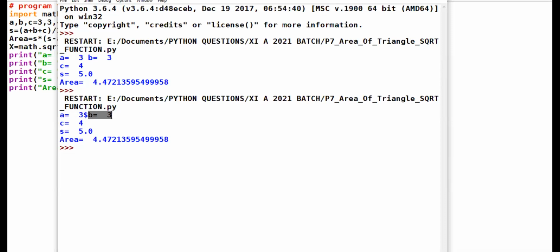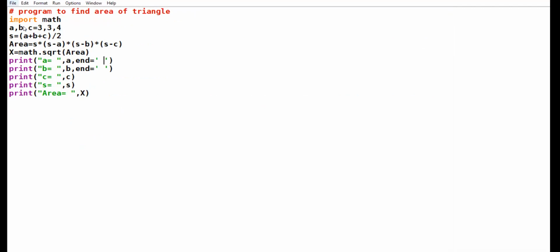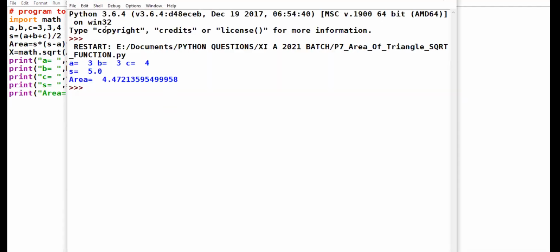Okay. Similarly, I write here end equal to space. Okay. Now see the result. A, B, and C are in one line, S in another line, area in another line.